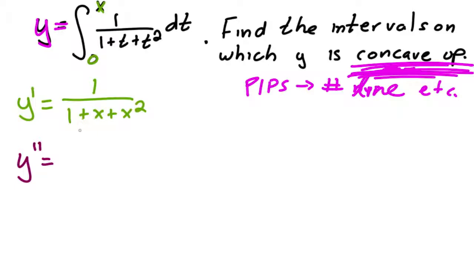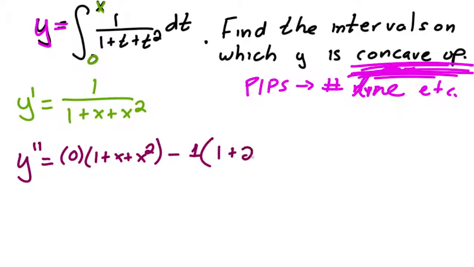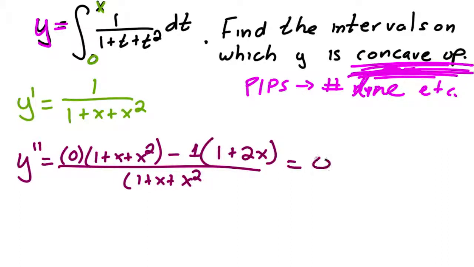So I would have the derivative of the top, which is 0, times 1 plus x squared, minus 1 times the derivative of the bottom, which is 2x, all over 1 plus x squared, is equal to 0.